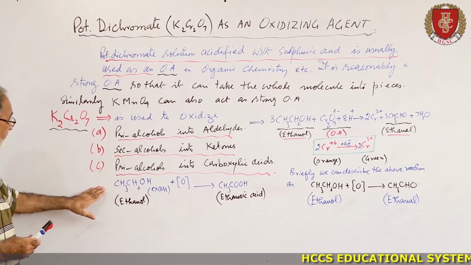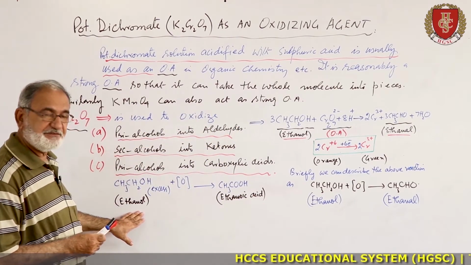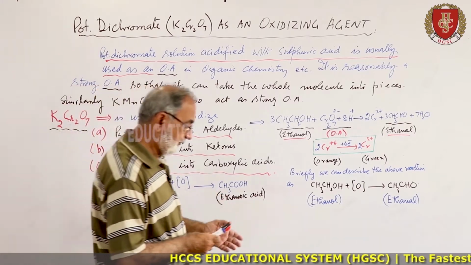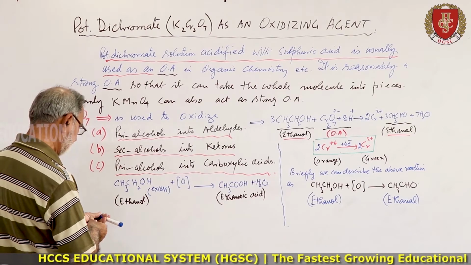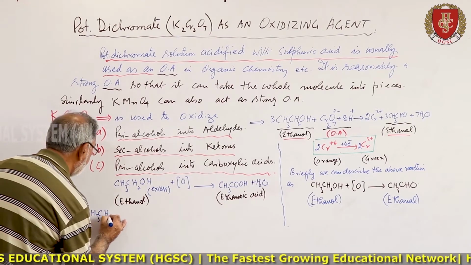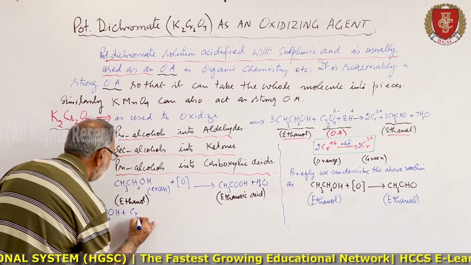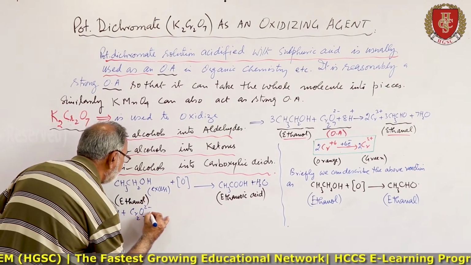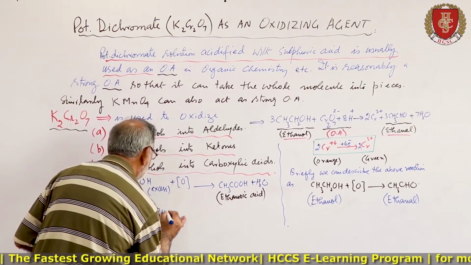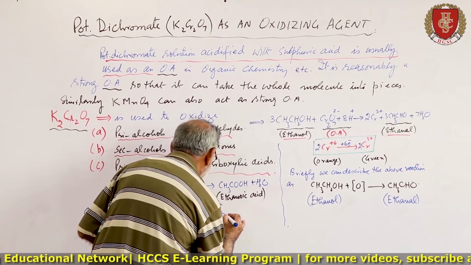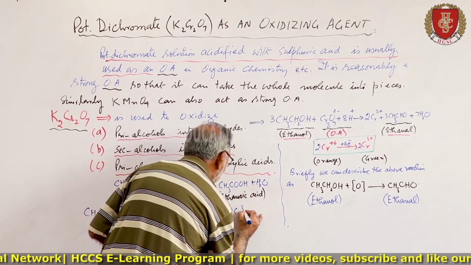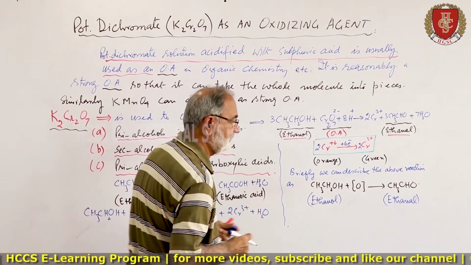So ethanol is oxidized into ethanoic acid, or this can be simply described as CH3CH2OH plus Cr2O7 2 minus gives CH3COOH plus 2Cr plus 3 plus water.